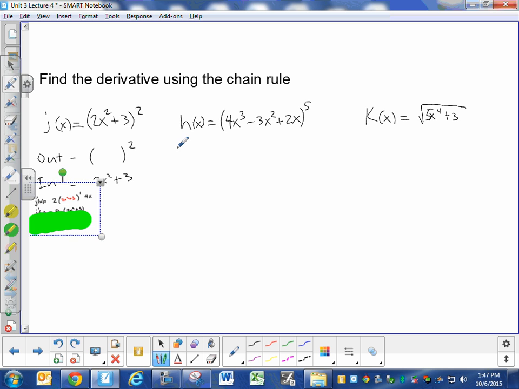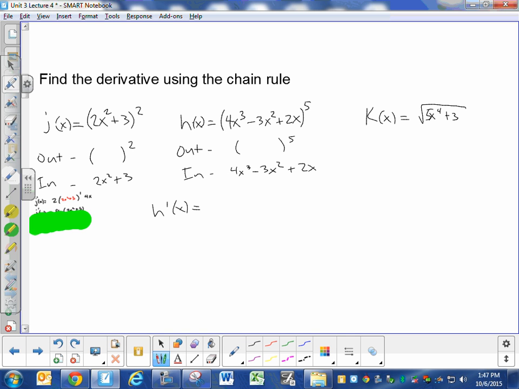I'll do that for you this time. Then, using your chain rule, we'll take the derivative of the outside, leave the inside alone, times the derivative of the inside.